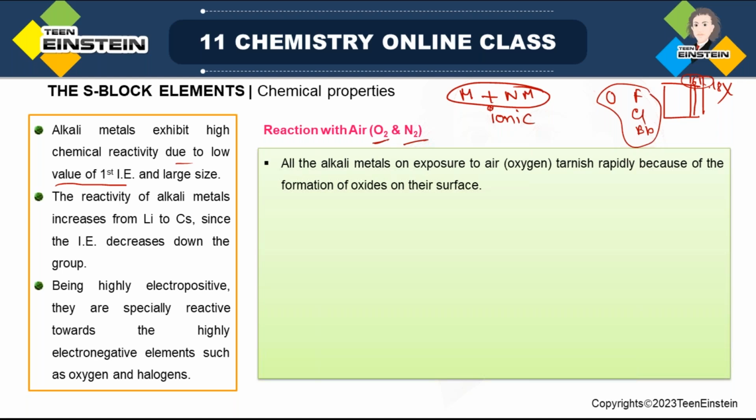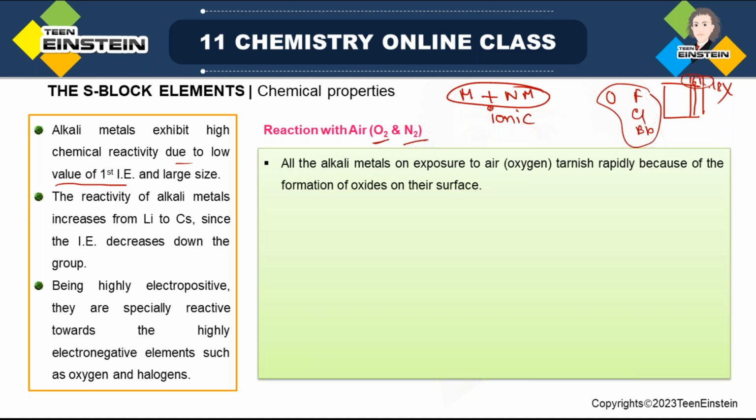And as you are moving down, as their reactivity is increasing, the explosive nature when you are bringing them out of this oil will also increase. So you have to take more care as you are moving down. Lithium you can even handle when bringing it out of the oil, but handling sodium and even potassium is very dangerous.